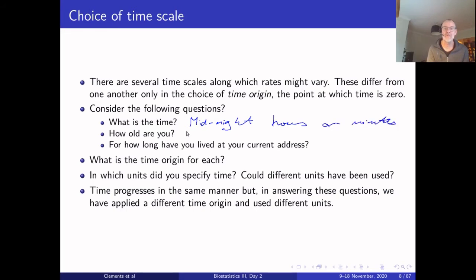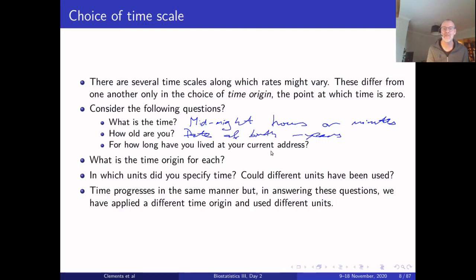How old are you? The time origin is your date of birth, and that's usually measured in years, but it could be measured in months or days for infants.